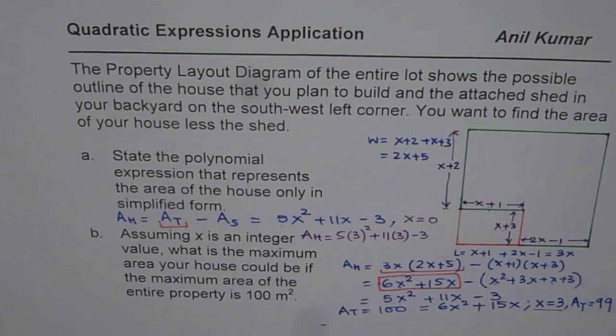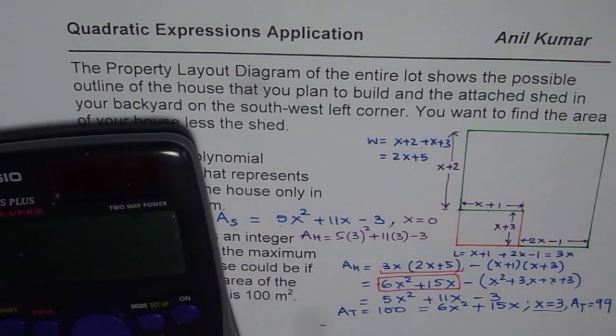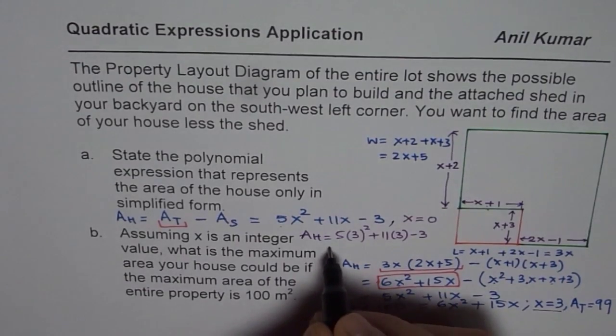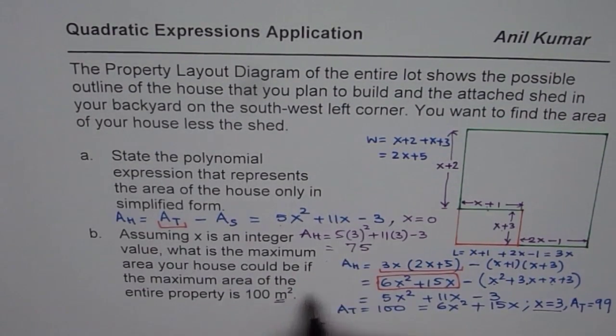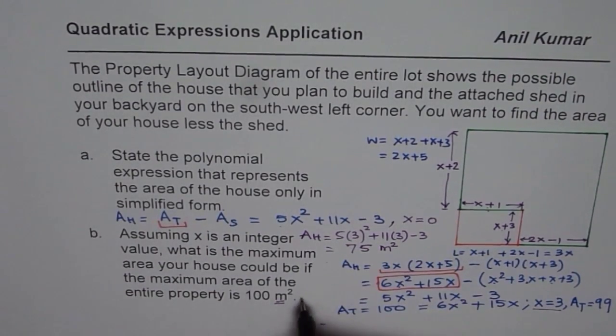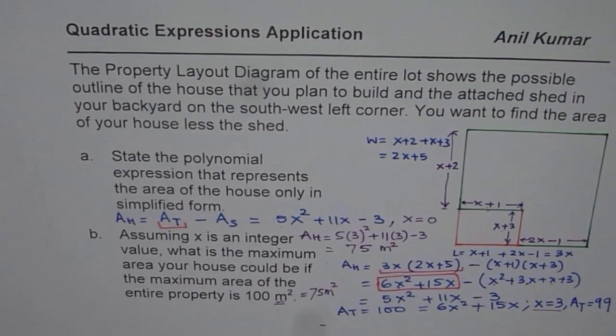So let us calculate with the calculator. 5 times 3 squared plus 11 times 3 minus 3 equals 75. So the maximum area of the house which we can have is 75, and the units are meters square. Correct? So that is how we get our answer. The answer here is 75 meters square.